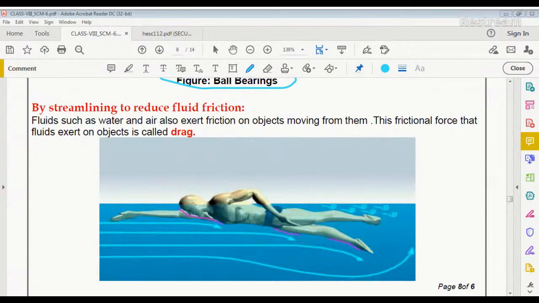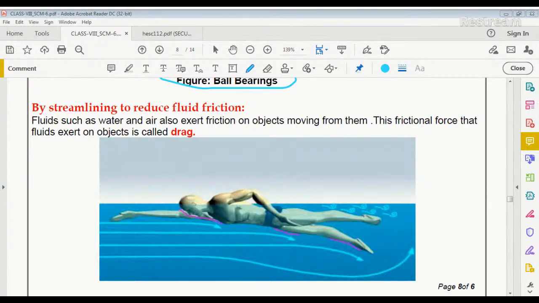So we can say that fluids exert a force of friction on objects in motion through them. The frictional force exerted by fluids is also called drag. This is what we are talking about, streamlining to reduce fluid friction.